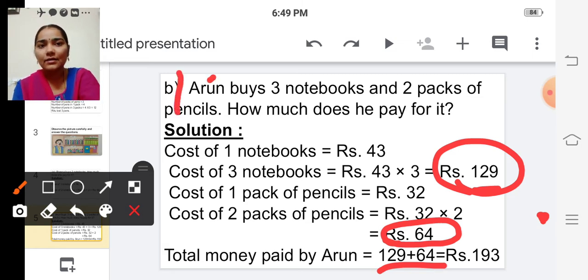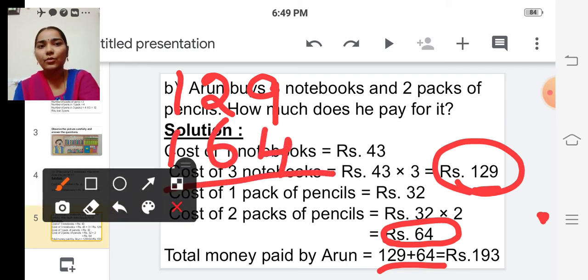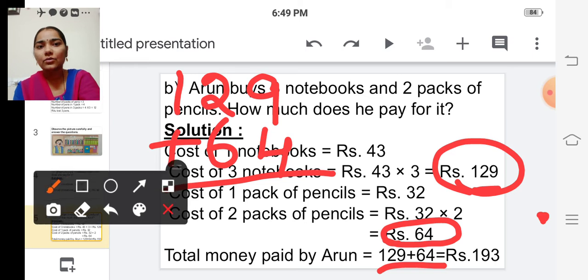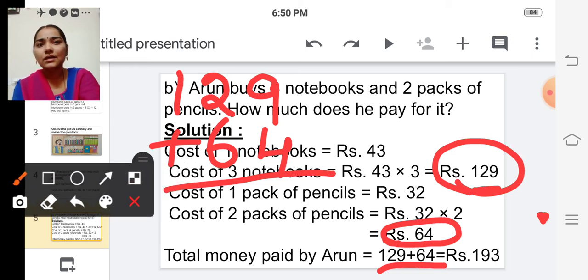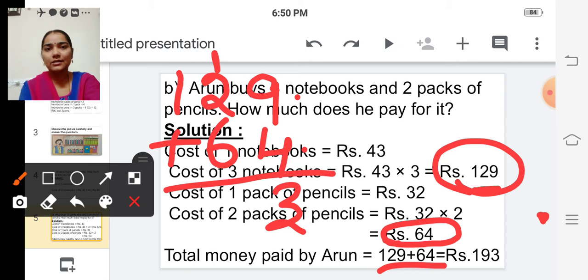Start with 9 plus 4. So 9 in the mind, 4 in the finger. After 9, 10, 11, 12, 13. So write 3 here and carry over 1 to the next place.